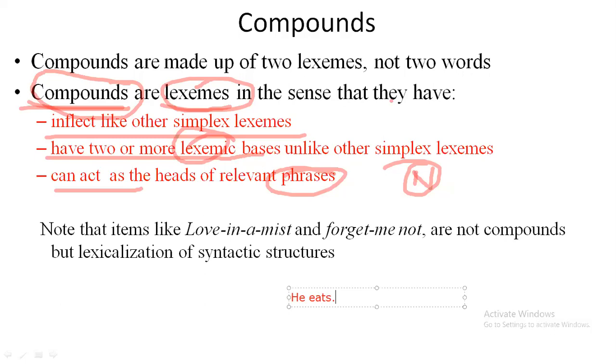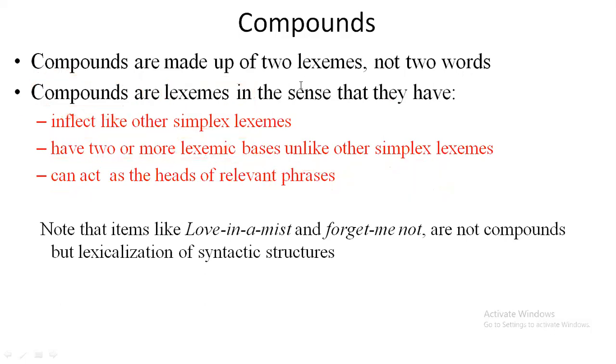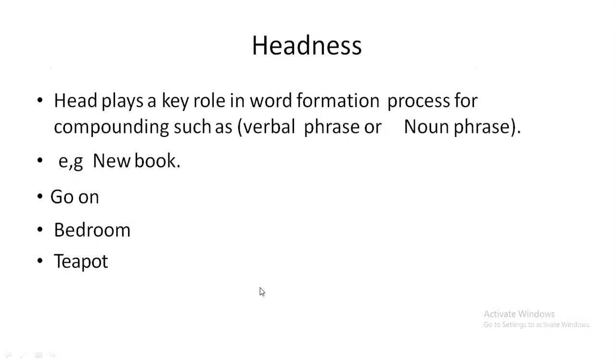If we use any other compound word, I will come to the example later and show you sentence inflection later. We know two lexemes are necessary, and a noun phrase also. We'll come to the example. Let's go to the next slide.